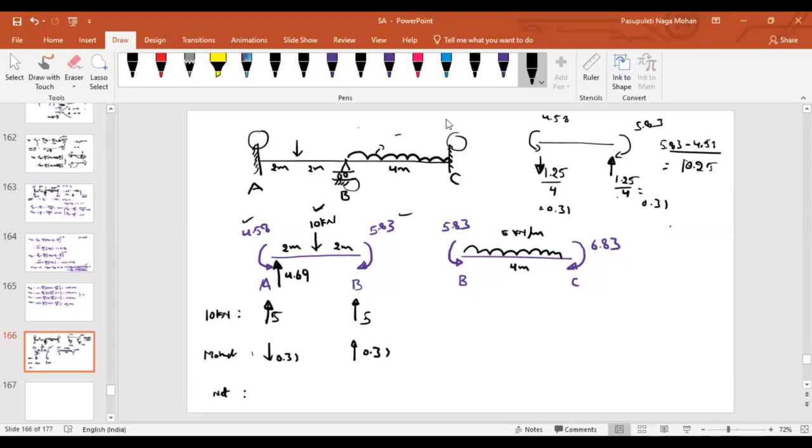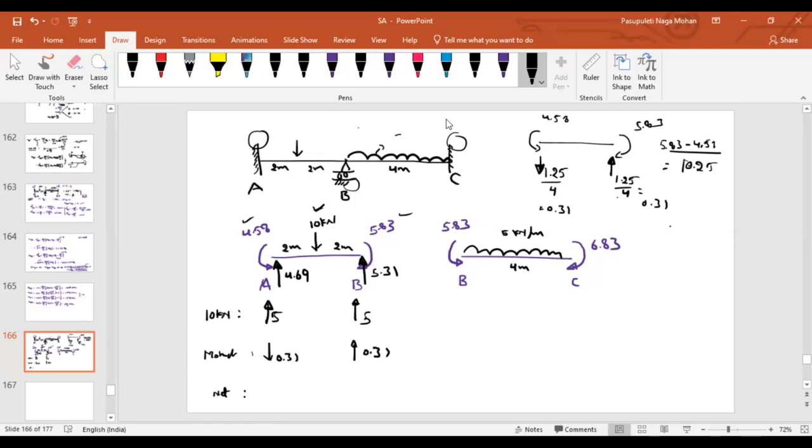Both are in upward direction, so 5.31. As it is only a point load, if you use summation of moments at any point equal to 0, you might get the answers easily. But this is also one way of solving for the unknown reaction. Now it might seem complicated, but when you practice, you will do it directly without much effort.